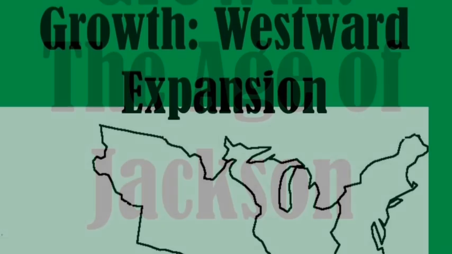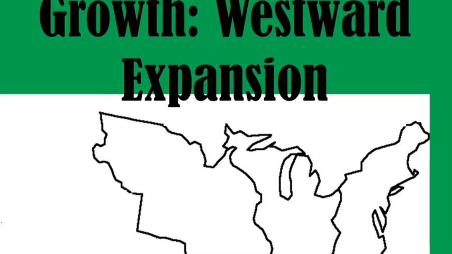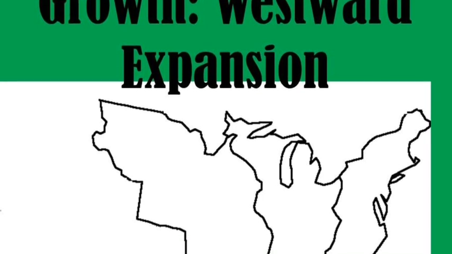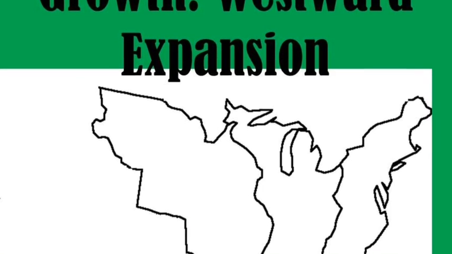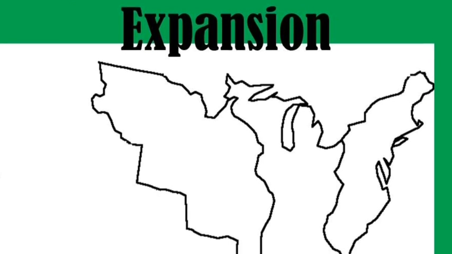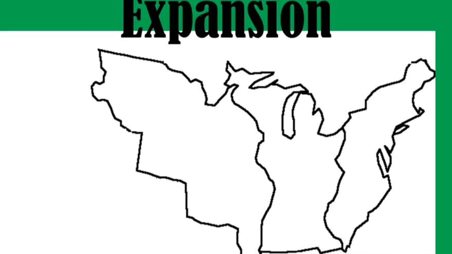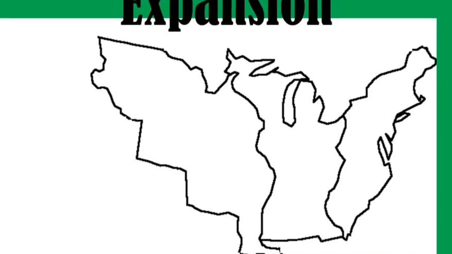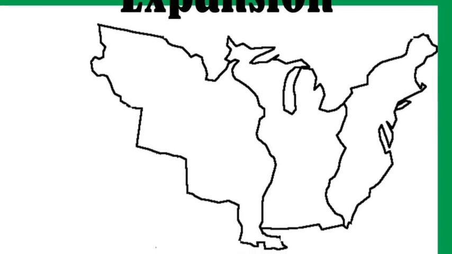The third section of growth that we looked at was the actual physical growth of the United States with westward expansion. As you can see in these maps, the very first piece of the puzzle that was added was the Louisiana Purchase, which started from the Mississippi River and went west to the Rocky Mountains.